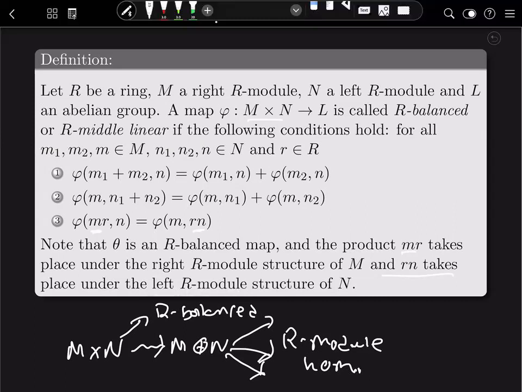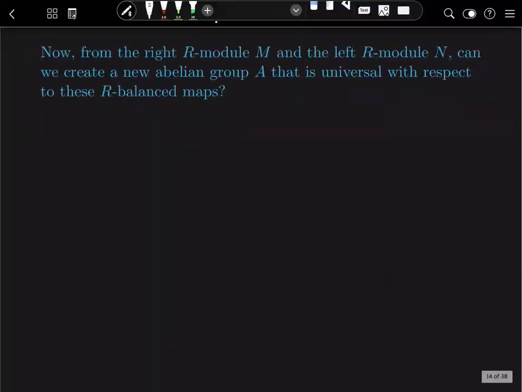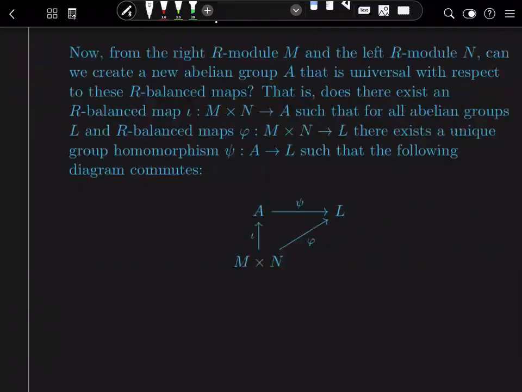And we can ask if we have some kind of universal property with respect to our balanced maps. And this is where our definition of the tensor product is going to come in. So for the right R module M and the left R module N, the question in this video is, can we create a new abelian group A that is universal with respect to these R balanced maps?